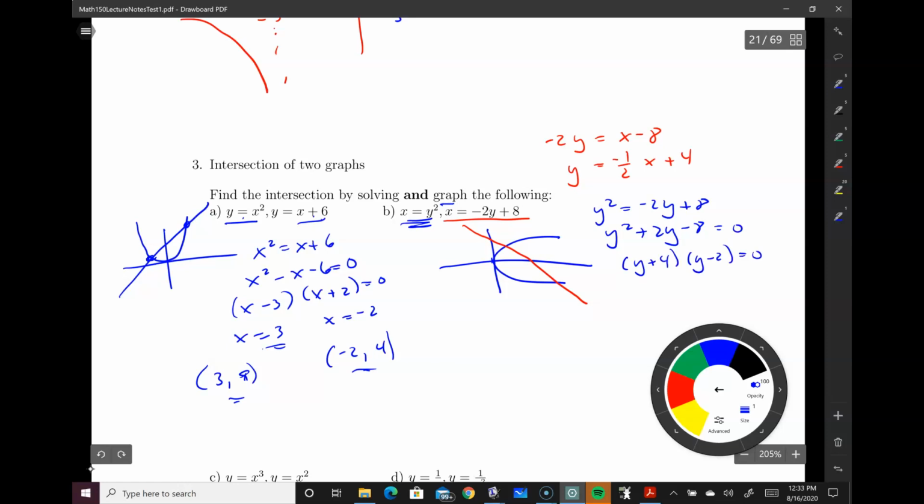That would give me -4 and 2 for the y values. And again, if you needed to find the xy values, if the y is 2, then the x would be 4. I'm just going to use this equation here. And if the y is -4, the x would be 16. And if you think about the graph, that's what it looks like.